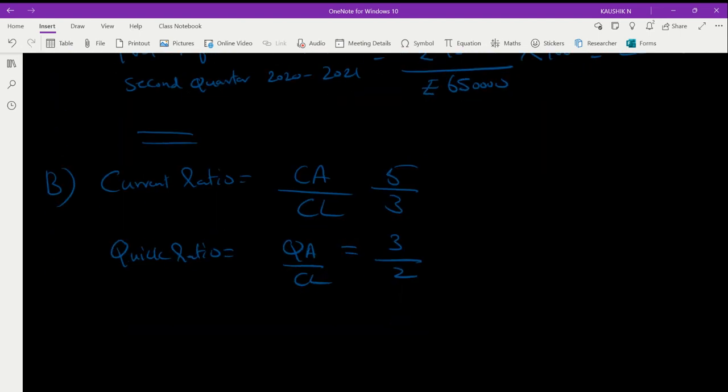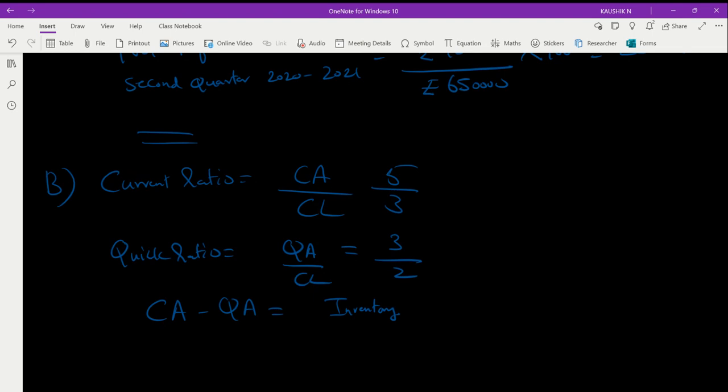Now I'm just going to frame current asset by current liability minus your quick assets will give you inventory value. Am I right? From the total current asset, if you subtract your quick assets, that will be the value of inventory.